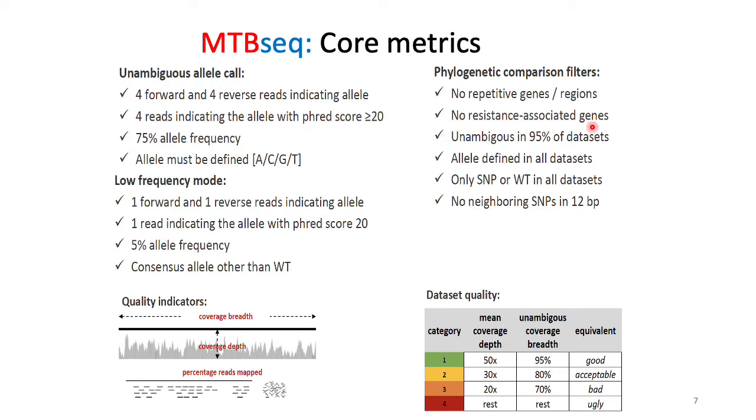The resistance-associated genes will be excluded because the mutation rate in resistance-associated genes is higher with respect to the other parts of the genome. And also, if two SNPs occur less than 12 base pairs from each other, one of them will be excluded.